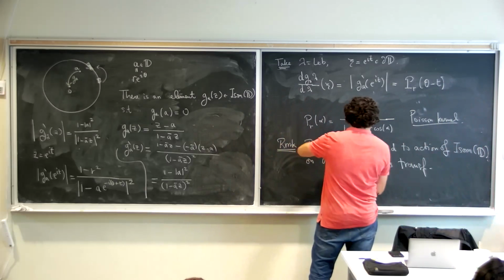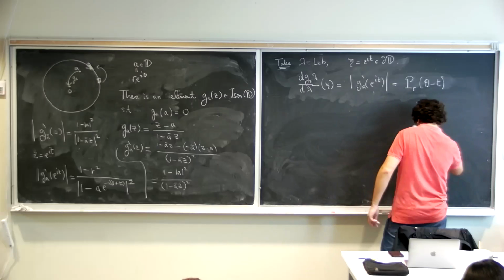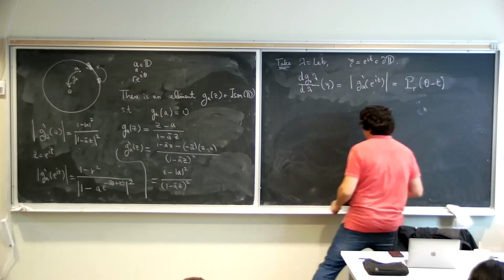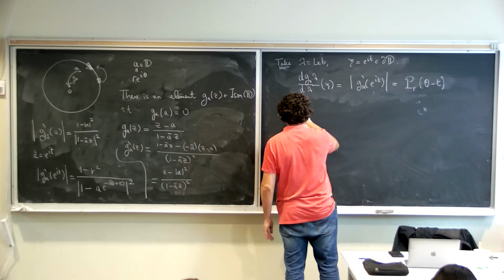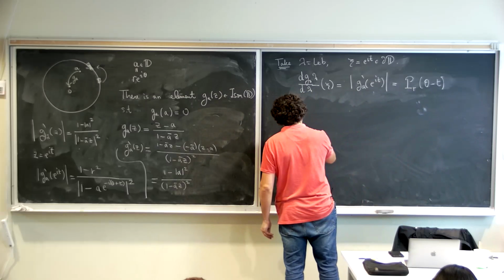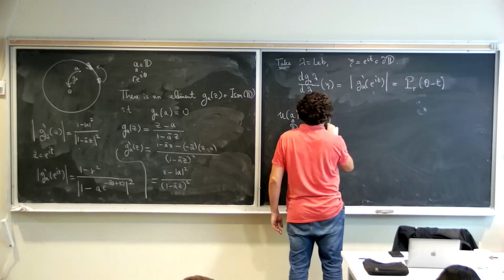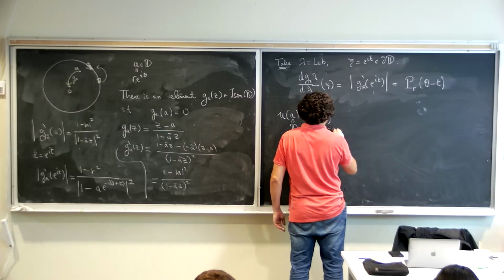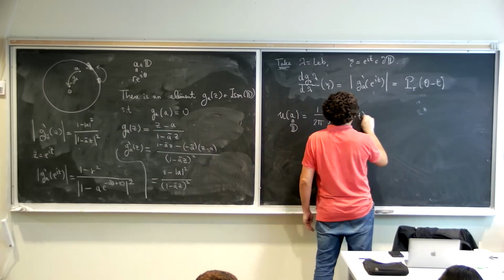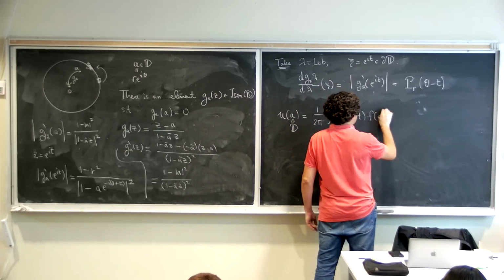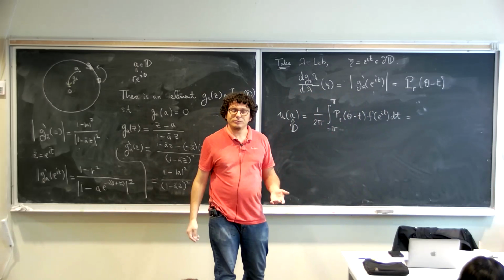So let me just finish by writing the Poisson formula in a more geometric way. It is the following. u of A, a point inside the disk, was 1 over 2 pi times the integral from minus pi to pi of P_r(t minus theta) f of e to the it dt. So dt over 2 pi is the Lebesgue measure.